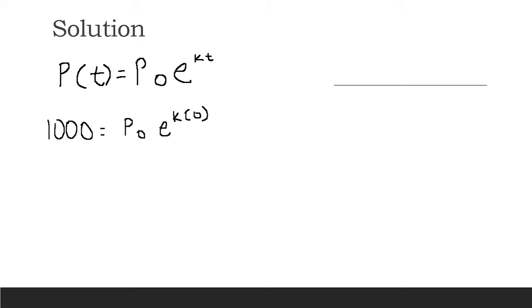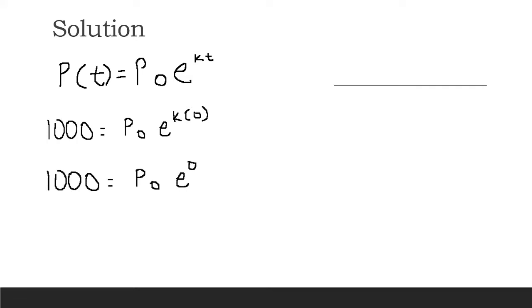The population is 1000. So if we replace P(t) with 1000 and t with 0, we're going to get 1000 is equal to P sub 0. e to the 0 is 1, so P sub 0 is 1000. So P(0) is the same as P sub 0.